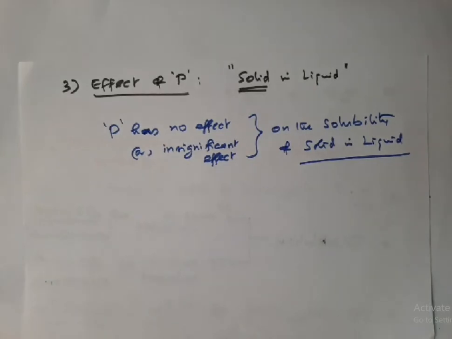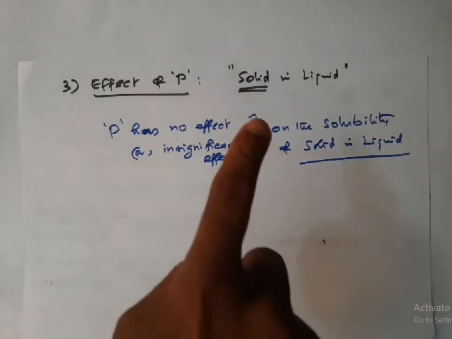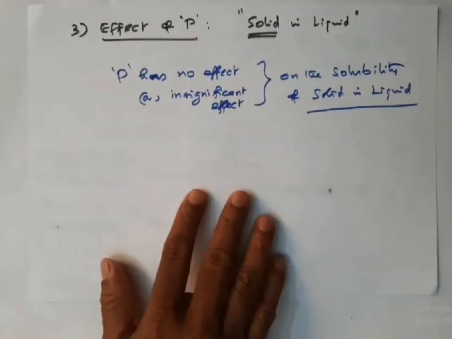So you need not worry about pressure. For solubility of solid in liquid, you should focus on these two factors: number one, nature of solute and solvent, and number two, temperature. These two are the most important quantities. You need not worry about pressure. Is this clear, students? Any doubt?